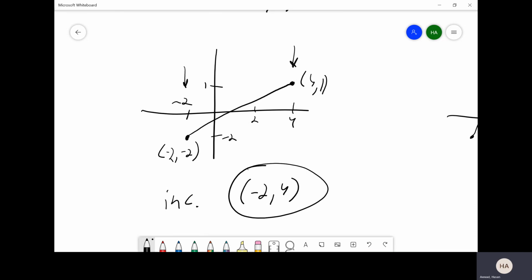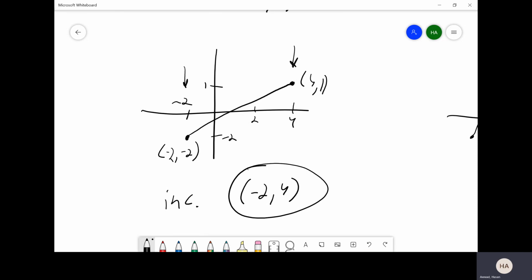Again, the reason for it is a little convoluted, but I'll touch on it really quickly. It's because when you're talking about a function increasing or decreasing, you need at least 2 points to determine whether or not something is increasing or decreasing, right? So if you only had that 1 point, if you're only talking about -2, does it really matter whether or not you are including that endpoint?